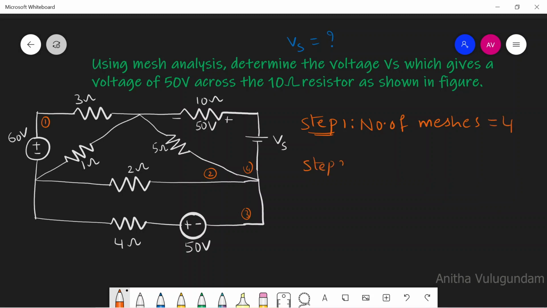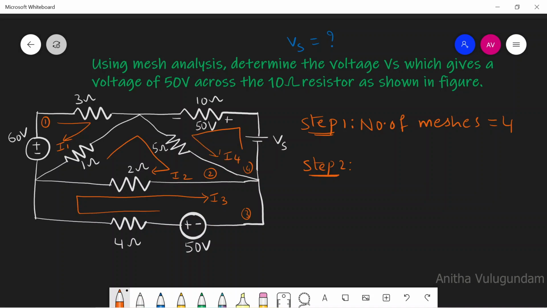Step 2. Assign mesh currents in each and every mesh. I1, I2, I am assuming in clockwise direction. I3 and I4 I am assuming in anti-clockwise direction.